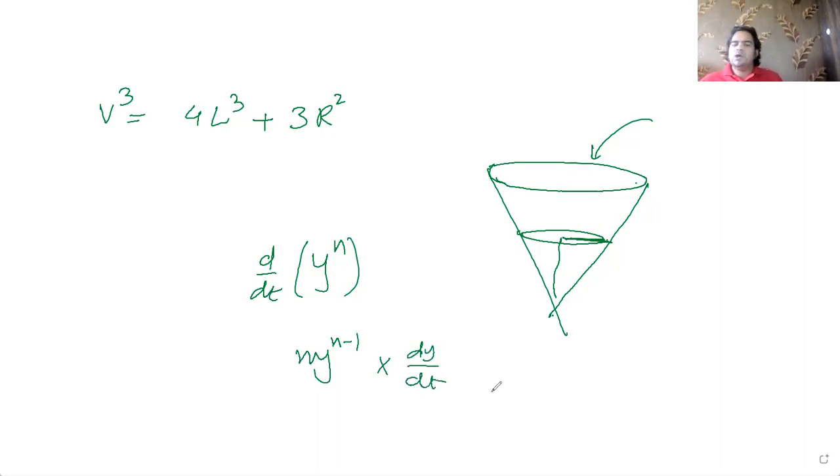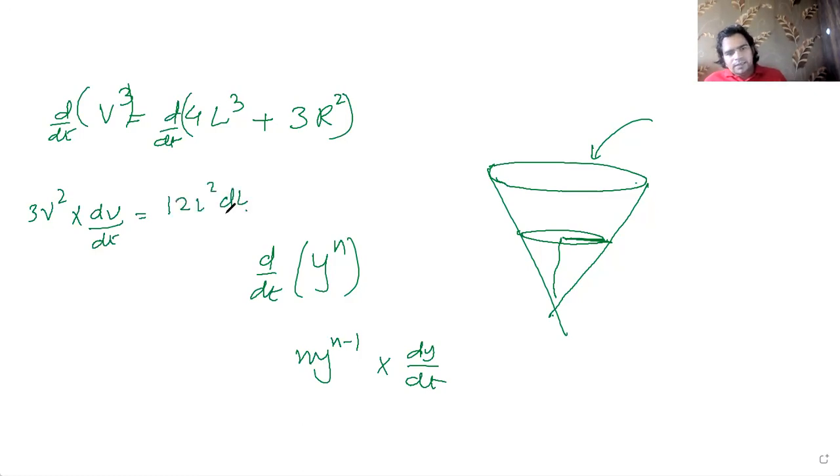So if you differentiate both sides with respect to t, what we get is 3v squared times dv by dt, similarly 12l squared dl by dt, equals 6r dr by dt.